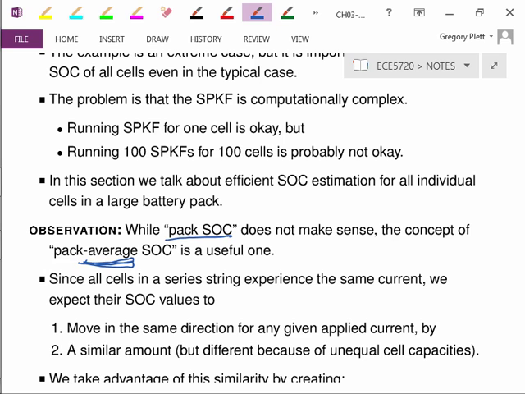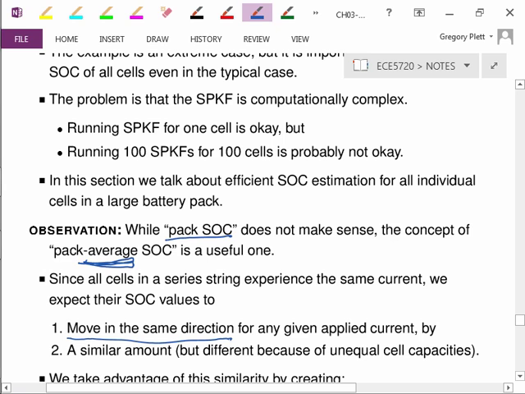Why is that? Well, maybe you've already had this argument in your mind, and I will validate this argument. All cells in a series string are going to experience the same current. That means that we expect their individual states of charge to move in the same direction. If I'm charging the battery pack, all of the cells are going to increase in state of charge.